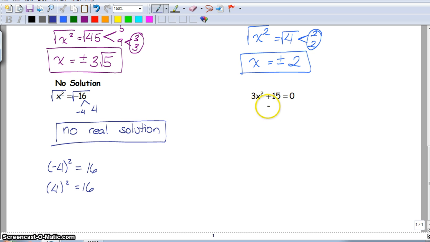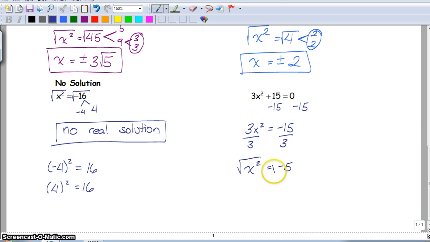The second one isn't as obvious, so solve it like normal. Get the x squared by itself. I'm going to subtract 15 from both sides. 3x squared equals negative 15. Divide both sides by 3. And x squared equals negative 5.